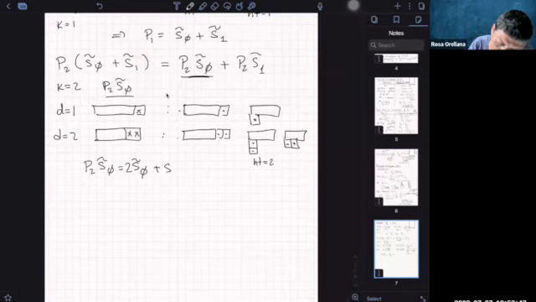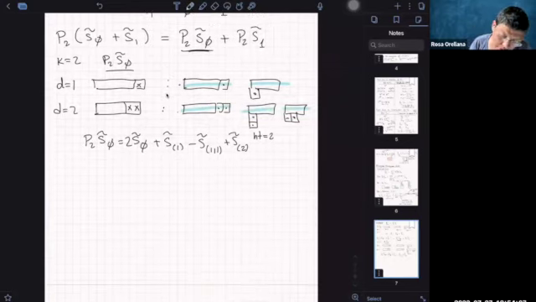Then I have S tilde 1. Then I have minus S tilde 1, 1 plus S tilde 2. So basically, you remove the first row, and then just copy the shapes that you get. That's what the theorem is telling me to do.